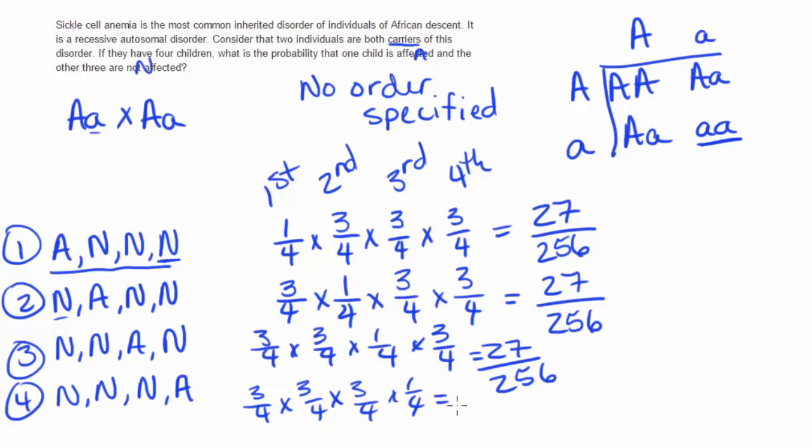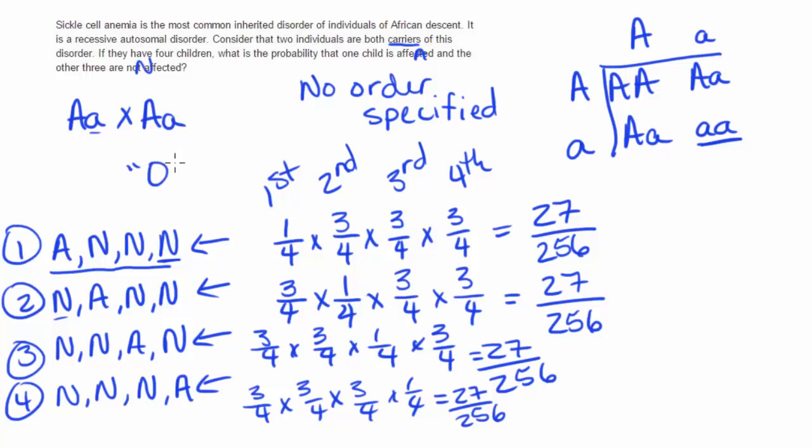And again, when you put all that together, we're going to get 27 over 256. Okay, so once we've done that, we're almost done. We've got the individual probabilities of each one of these orders. But if we go back here, since no order is specified, it could happen this way here, or this way, or this way, or this way.